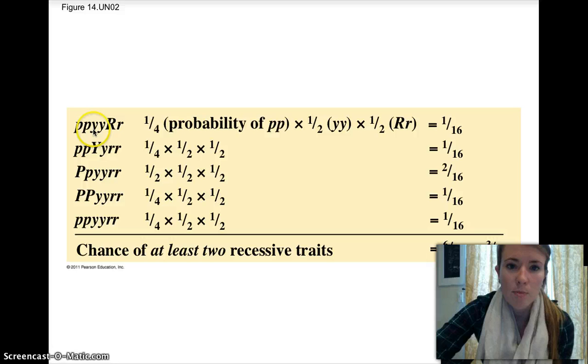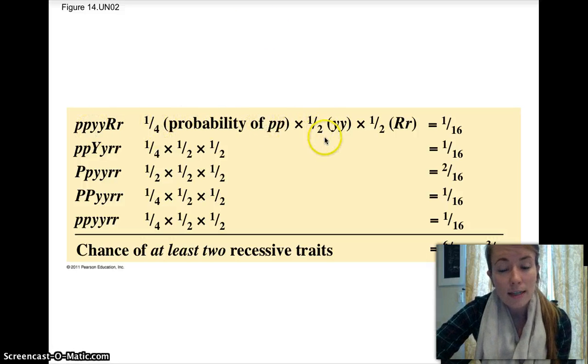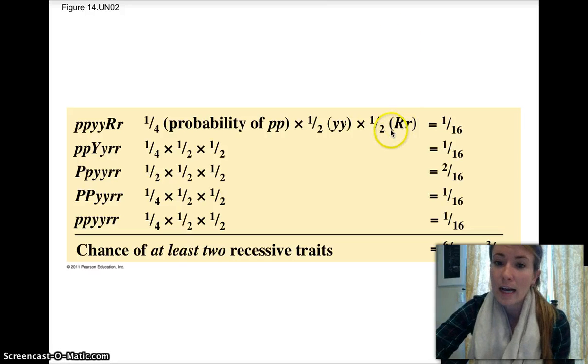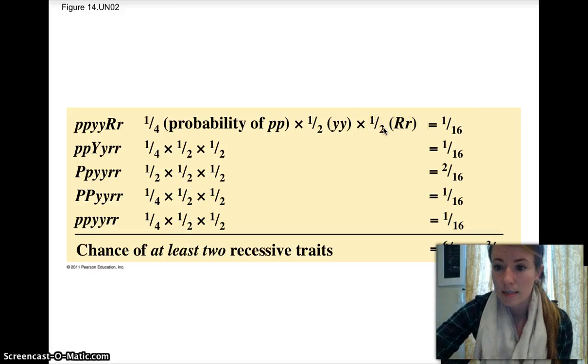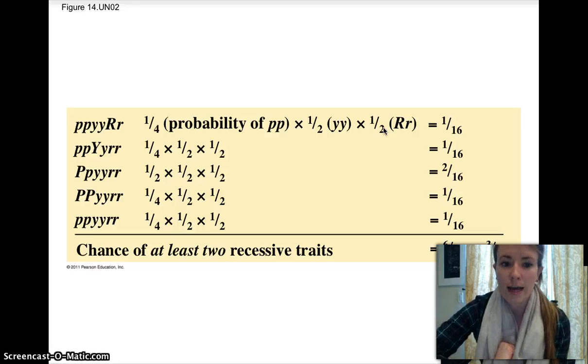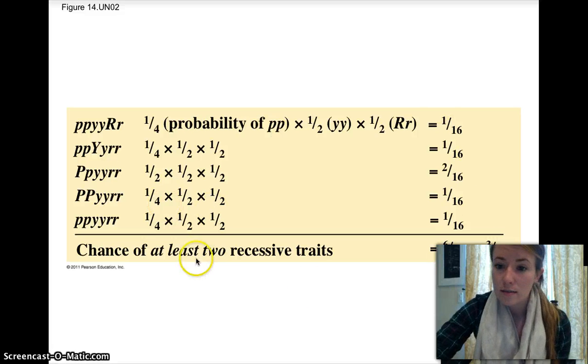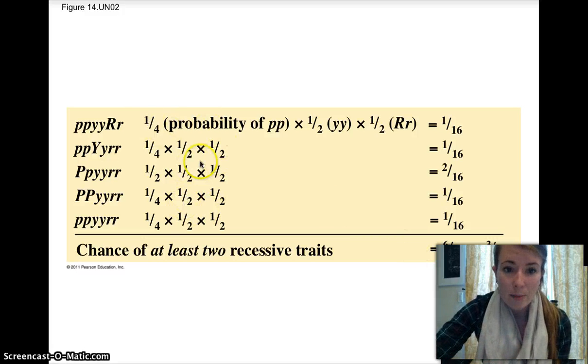So the probability of getting little p is 1/4. Probability of getting little y is 1/2. Probability of getting big R is 1/2. Multiply them all together, because they're events happening at the same time. Multiplication rule. 1/4 times 1/2 times 1/2 equals 1/16. You do that for all of these, and then you add them up, because these cannot happen at the same time.